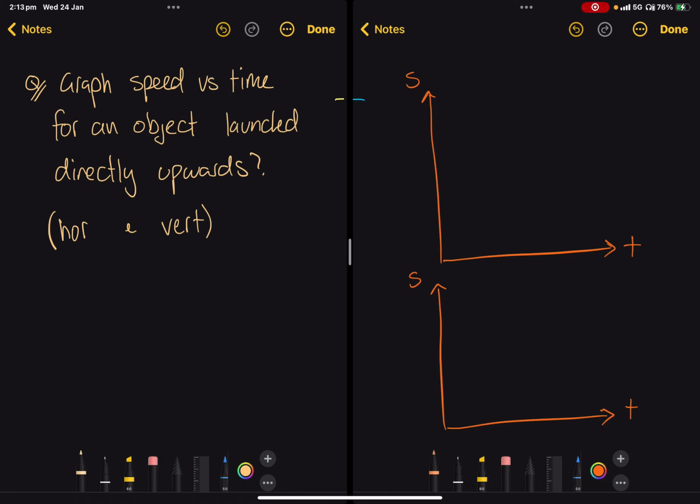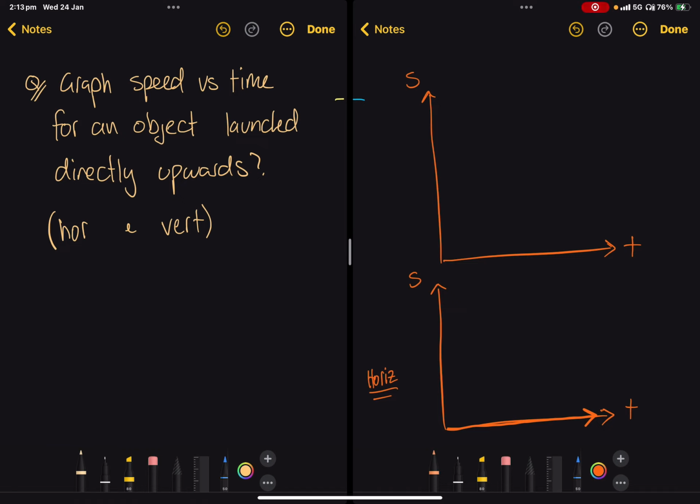It will only have vertical speed. In fact, its horizontal speed, we'll do its horizontal speed down here, is just going to be 0. Right? So we're just coloring in the axis here. It has no horizontal speed. It's not moving from side to side.